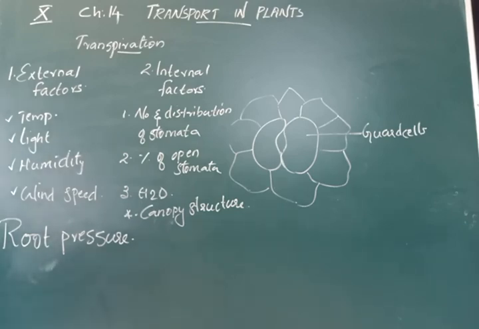As a result of this active absorption of mineral ions, a pressure is developed in the root hairs. This pressure is called root pressure, and it helps in the active absorption of water.